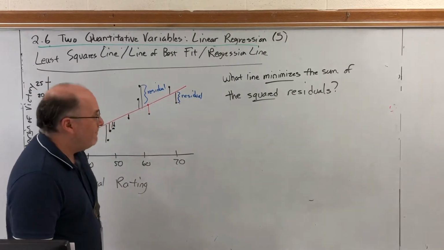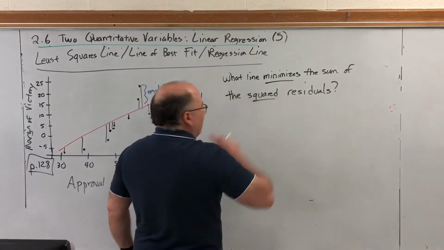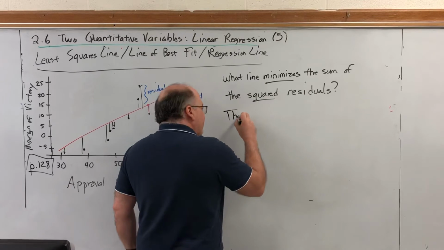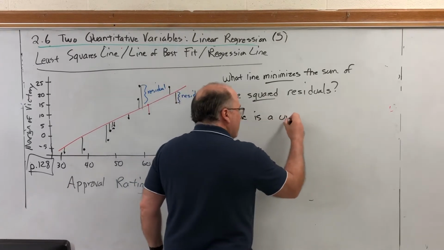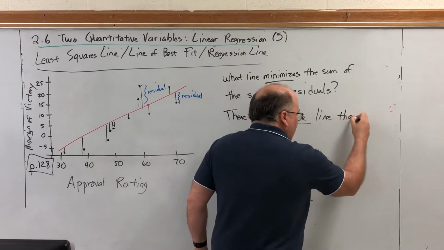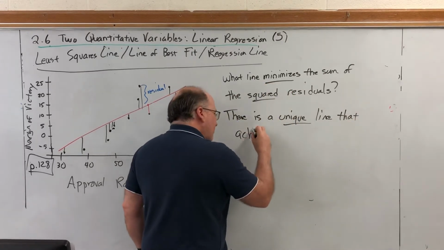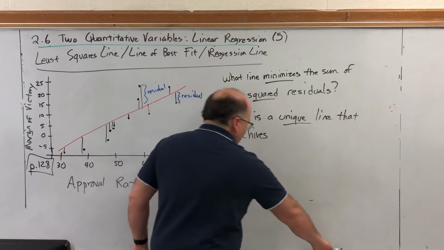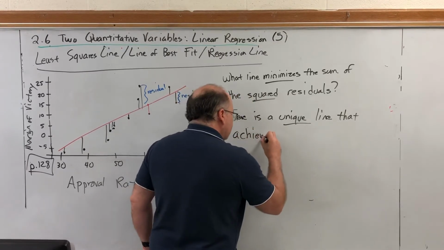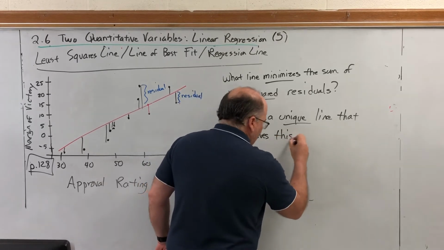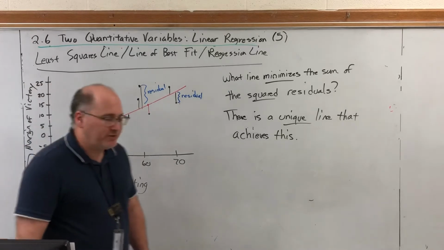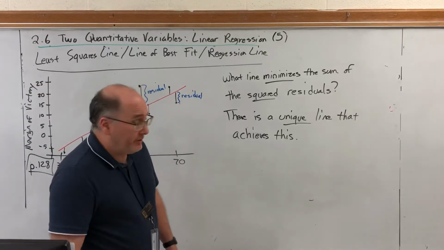The answer is yes. In fact, what line minimizes the sum of the squared residuals? There is a unique line that achieves this. Showing that line is unique is a calculus problem, so we'll spare the details.